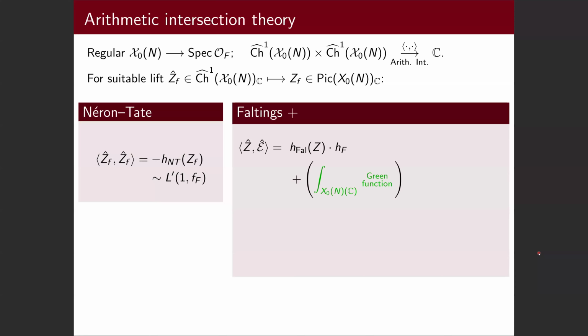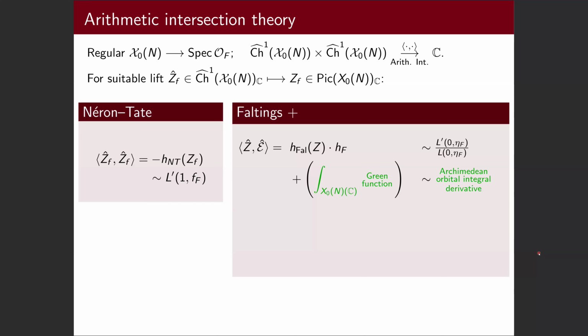And there's another term involving the integral of a so-called Green's function on the complex points of the modular curve. The first term, as I mentioned, is related to the log derivative of an L-function. And the second term also has some automorphic interpretation in terms of the derivative of an orbital integral.